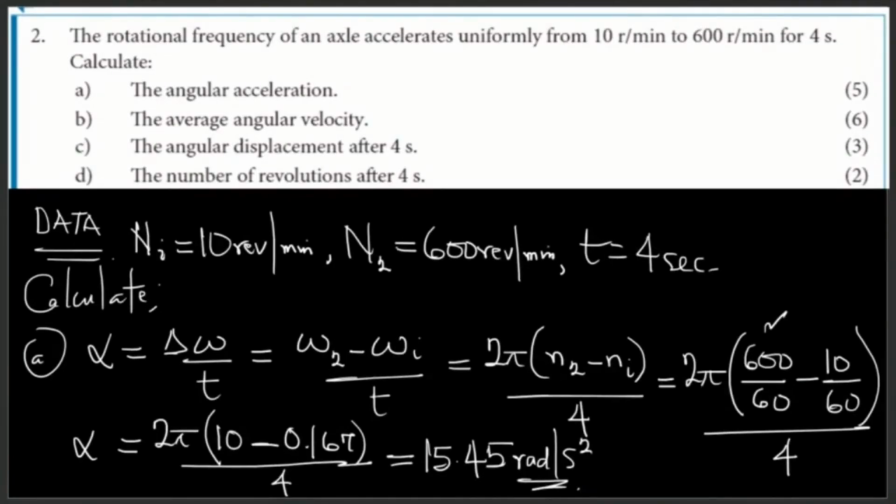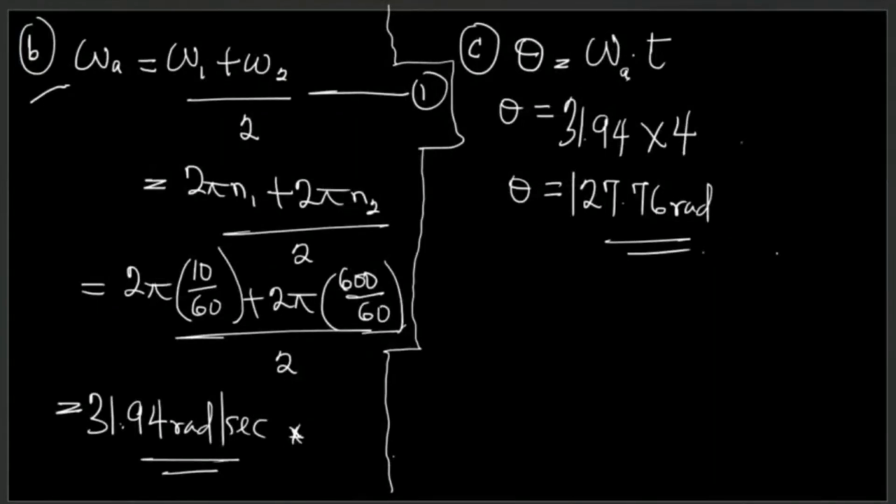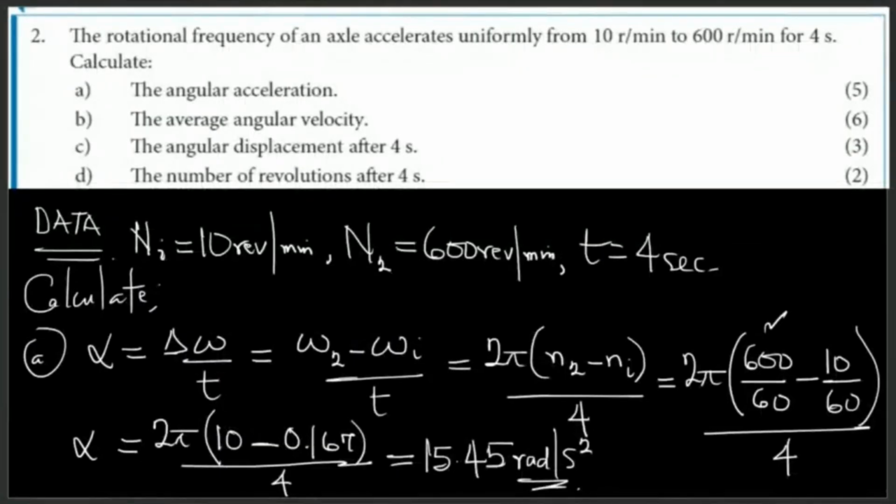What I'm saying is that you can actually determine the average rotational frequency, this 10 and 600 rev per minute. Then whatever you get, you convert it to revolutions per second. And then you multiply by 4 to get the number of revolutions in 4 seconds.